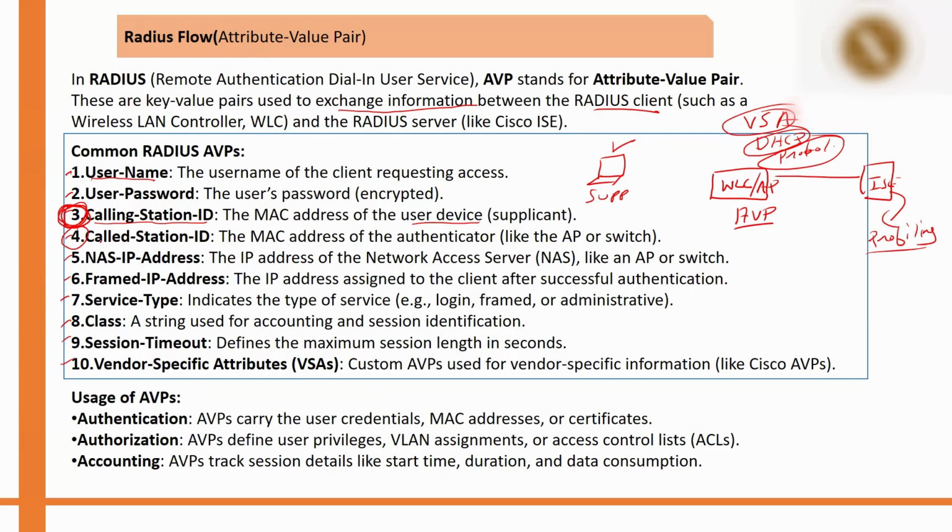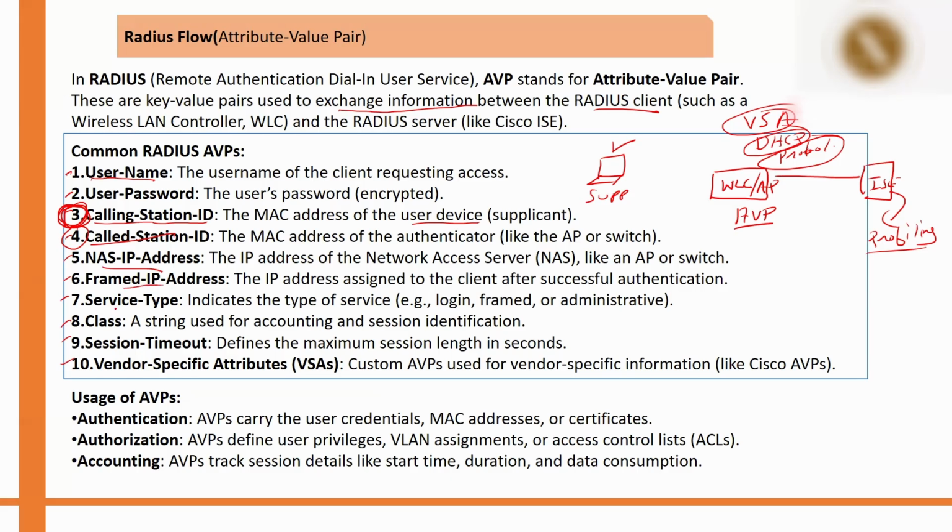AVP value 3 means calling station ID. AVP value 4 is the called station ID, that is the NAD box MAC address. The supplicant's MAC address is the calling station ID. The NAD box MAC address is the called station ID, and the AVP value is 4 for that. Then we have the NAS IP address of the switch, the WLC or the access point.